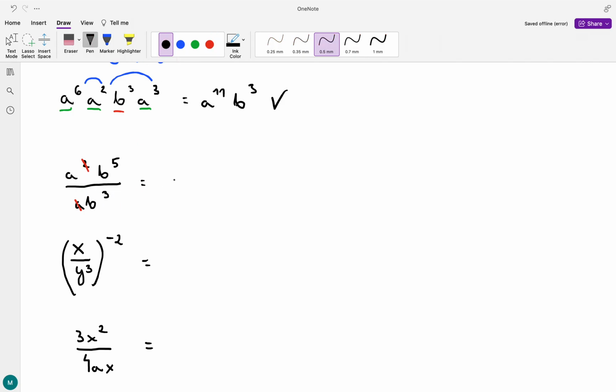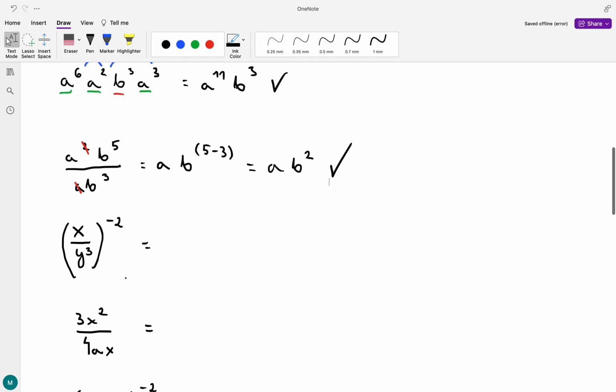So let me write it out. It's going to be a to the power of 1, and then b to the power of 5 minus 3, which is a times b squared. Is it in its simplest form? Yes, it is.